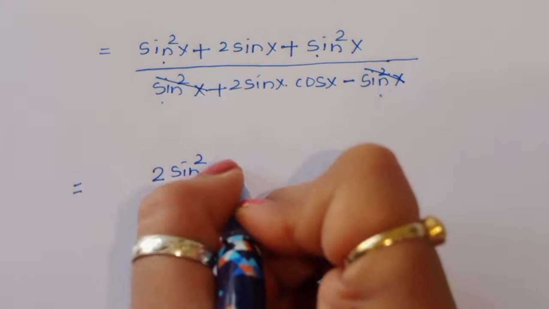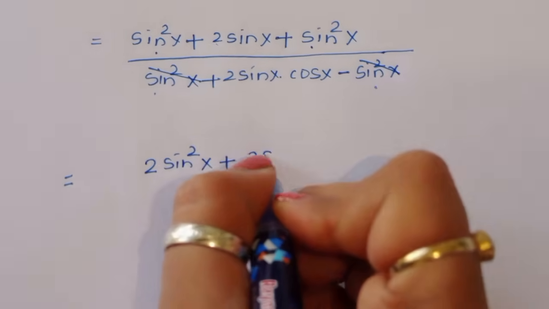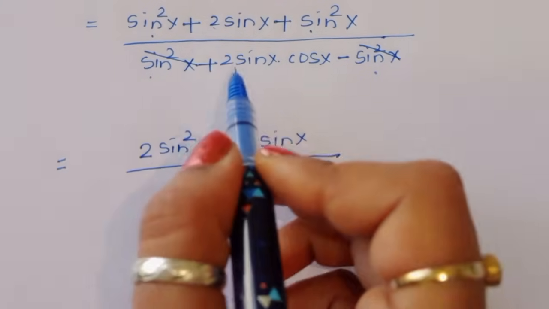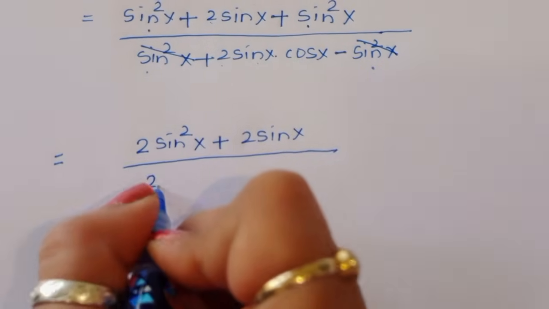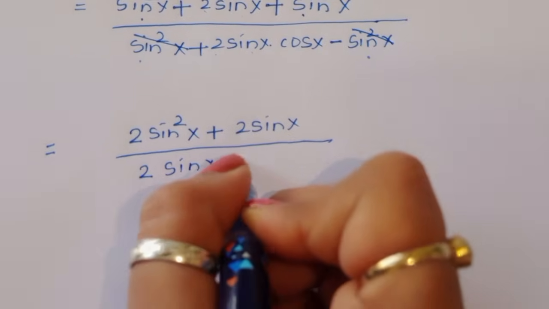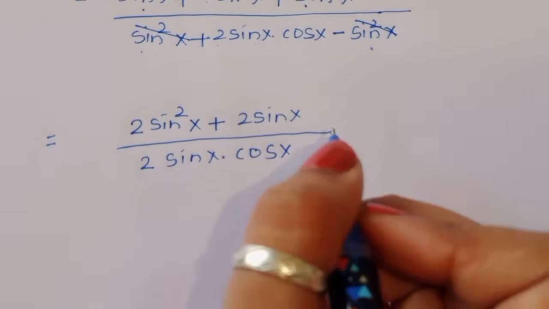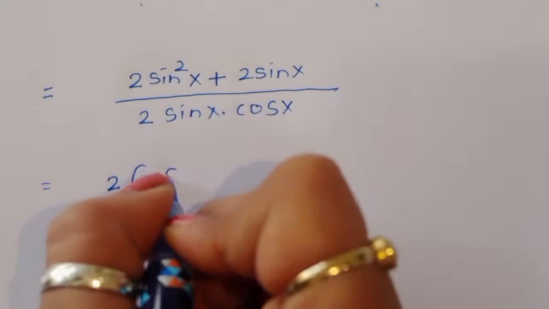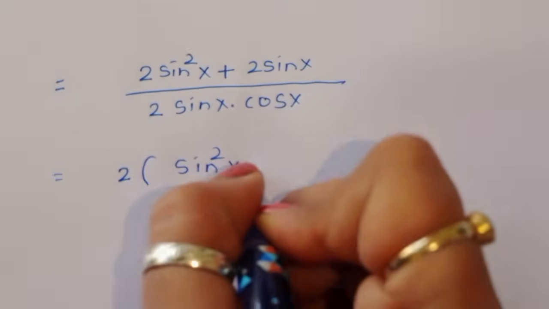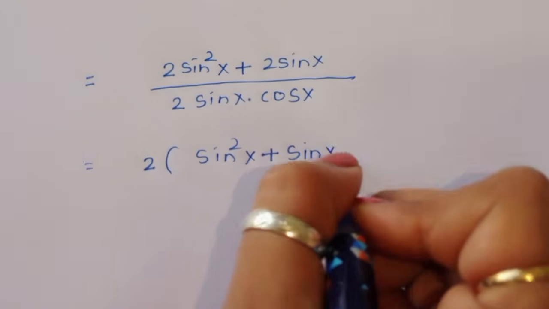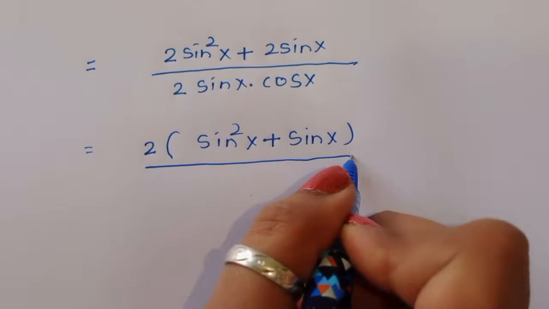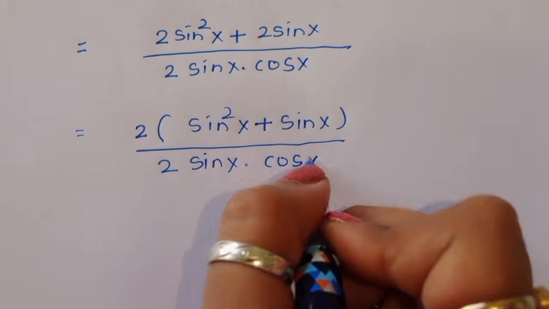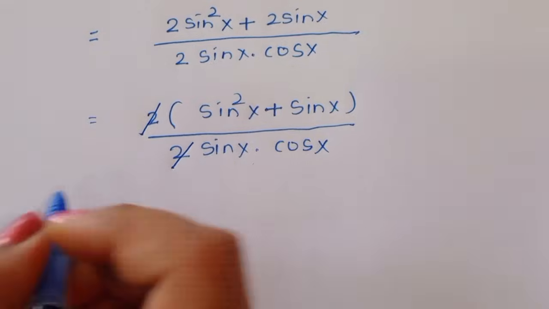2 sin square x plus 2 sin x, divided by 2 sin x into cos x. We can take 2 common here: 2 times (sin square x plus sin x), divided by 2 sin x into cos x. So this 2 is cancelled from this 2.